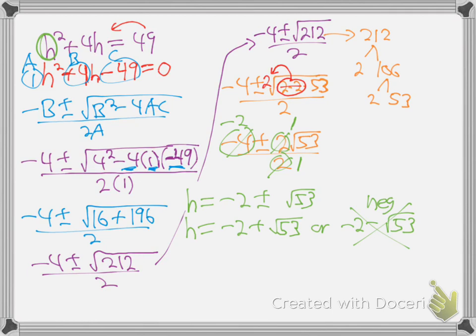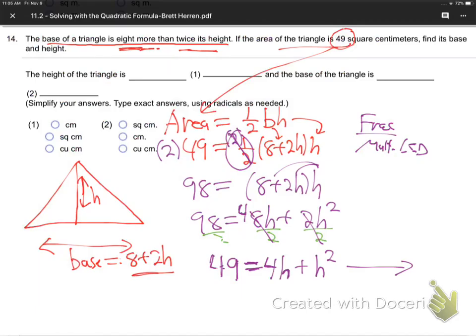A negative minus a negative root, that's a negative number, so no way. So this is the only actual height. Is that all they want, is height? I think they want something else. So the height would be negative 2 plus root 53. And what were the units on that? It was centimeters, so that'd be centimeters.